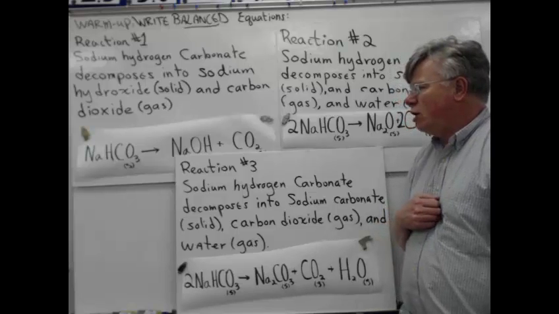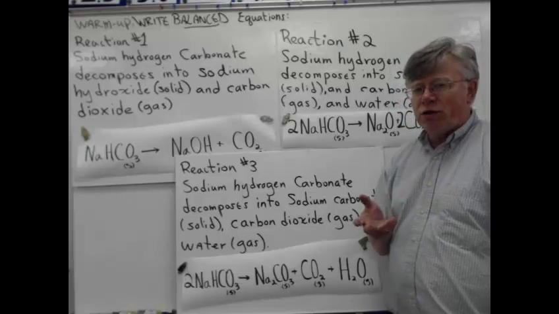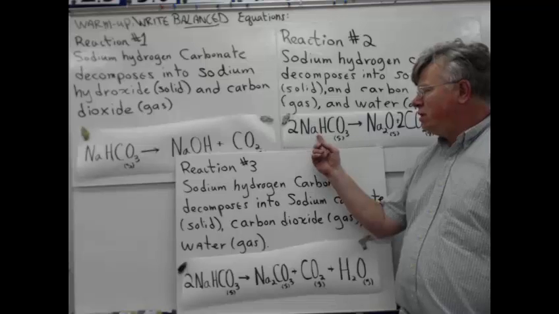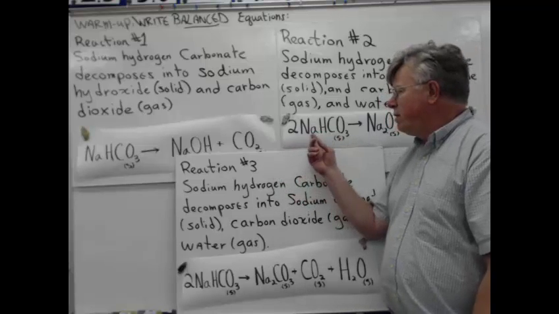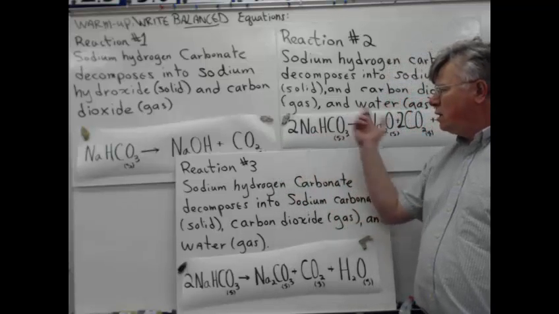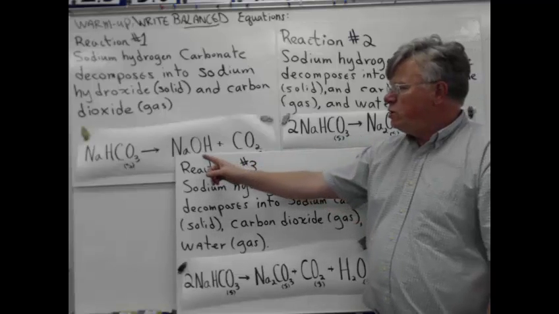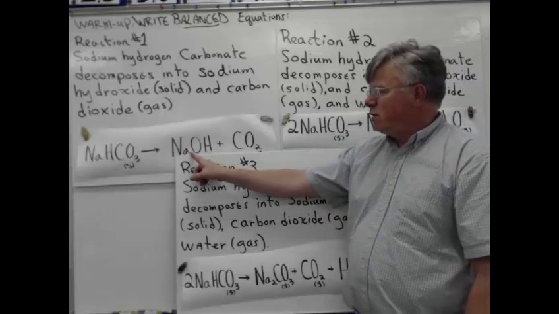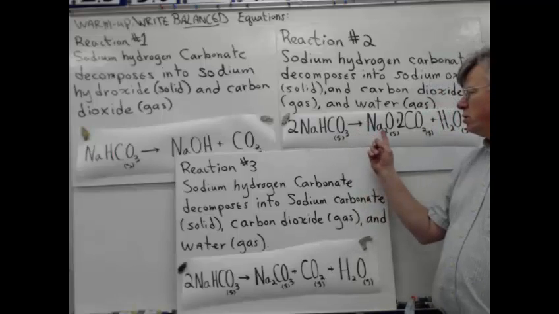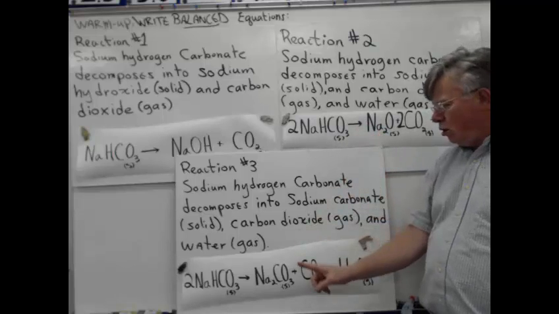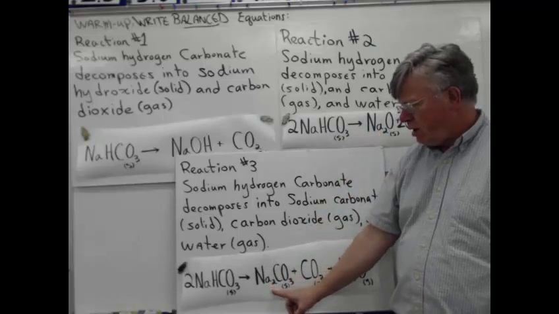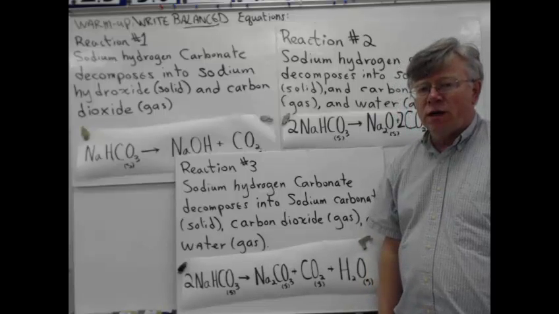The task is to figure out by stoichiometry, taking a sample of a certain known mass, and then heating it up, decomposing it, which of these three substances, sodium hydroxide, sodium oxide, or sodium carbonate, proves to be the correct answer.